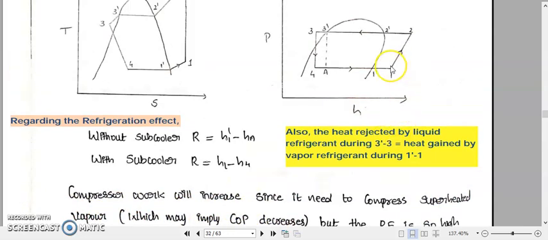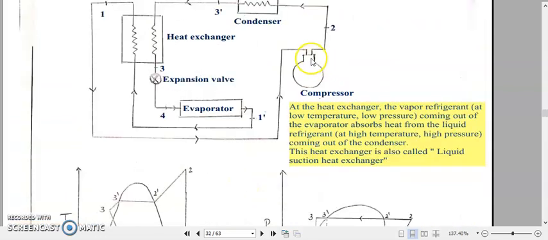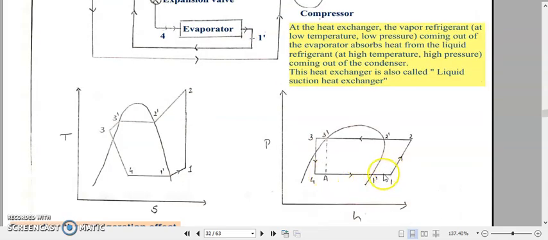At the inlet of the compressor, the refrigerant is in the superheated vapor form, and it gets compressed to a still higher pressure and temperature.